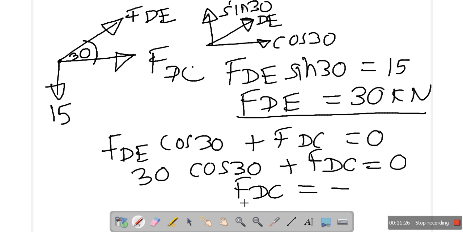How much are you getting? You will get minus 25.9. The negative sign indicates that DC is a compressive force, that is, the direction is not to the right, the direction is to the left. So please note that DC turns out to be a compressive force.